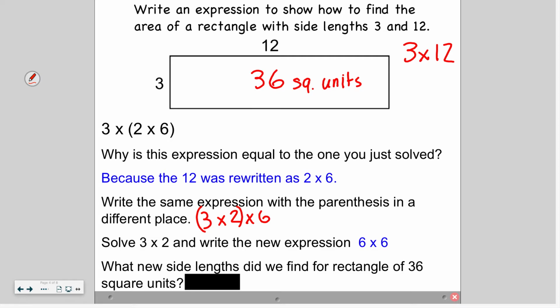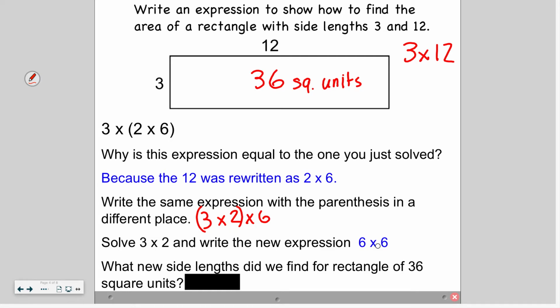So what new side lengths have we just created for another rectangle that also has an area of 36 square units simply by changing the factors here? We went from 3 times 12 to 3 times 2 times 6, because 2 times 6 is 12. And then we moved the parentheses, so now we have 3 times 2 first instead of 2 times 6 first.